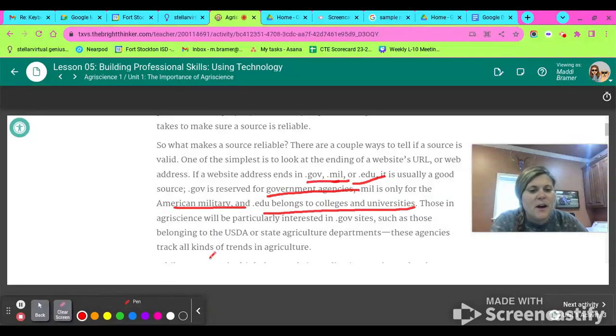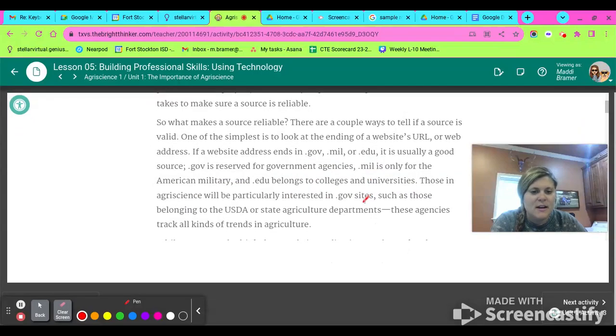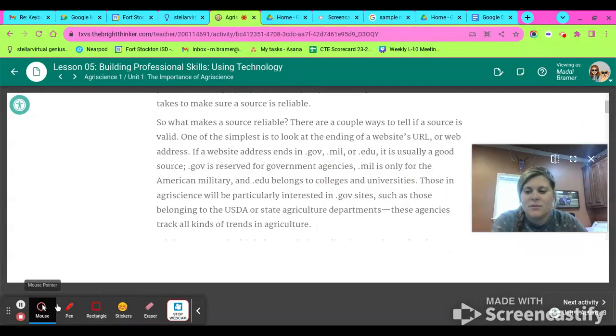So typically those are going to put together good information that's fact-checked, and those are great to use in any assignments, any reports that you're doing. .com and .org you can use. However, they're not always the best sources.